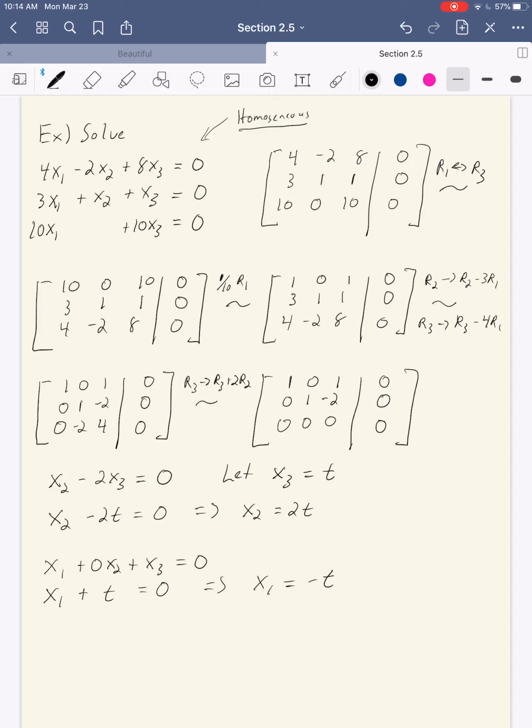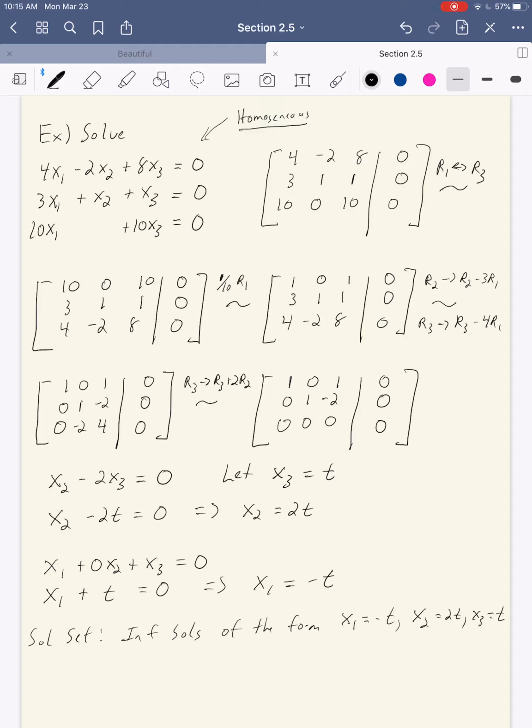So our solution set is infinite solutions of the form: x1 has to be negative t, x2 has to be 2t, and x3 can be any value t.